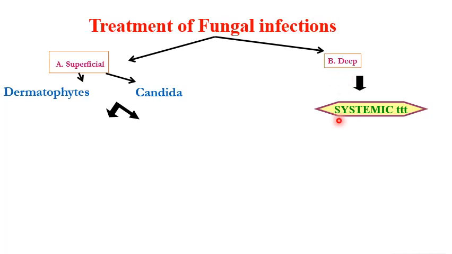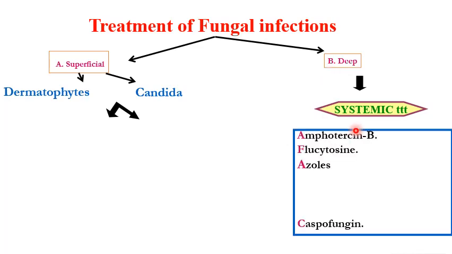These are drugs that reach the systemic circulation and are used to eradicate fungal infection in the deep organs. While when we try to treat superficial fungal infection, we can at first use topical medication, drugs used topically either on skin or mucous membrane to treat fungal infection. If these drugs fail to treat superficial fungal infection, we can use systemic treatment. But to treat deep fungal infection, we have to use systemic medications from the start.